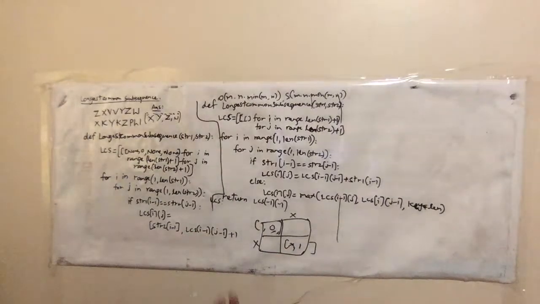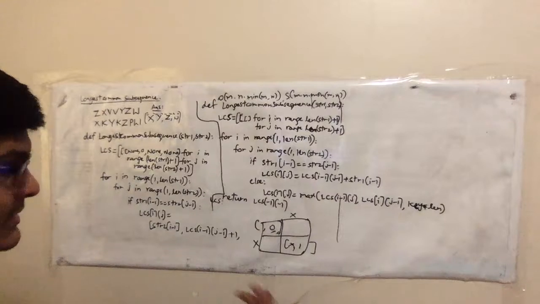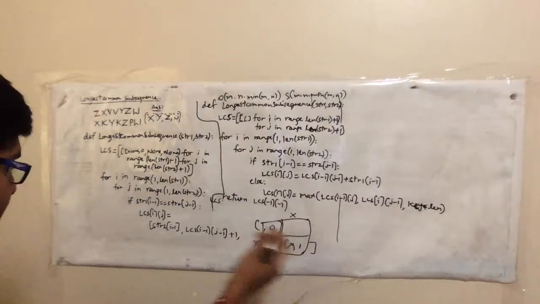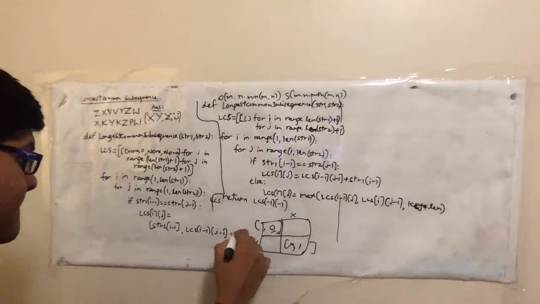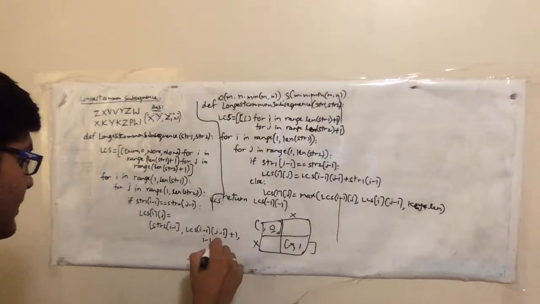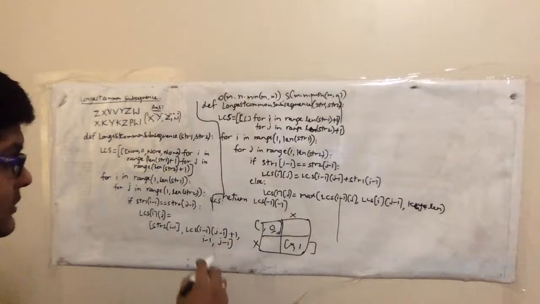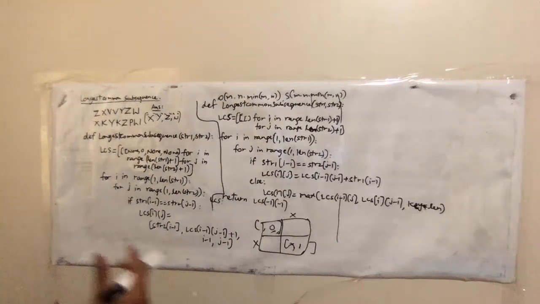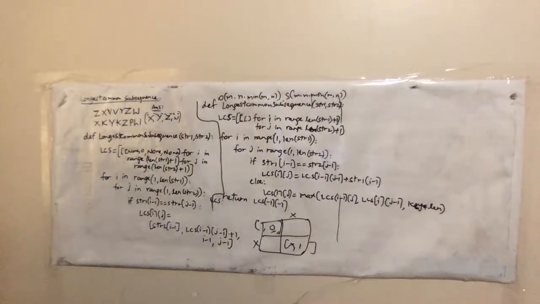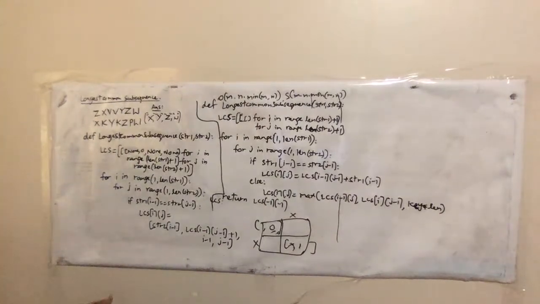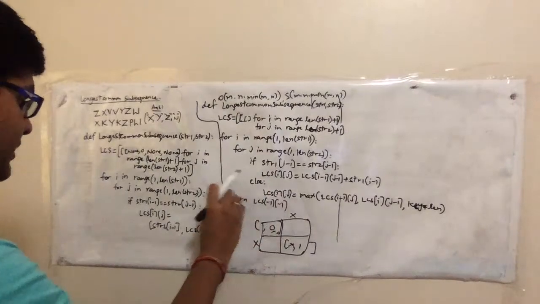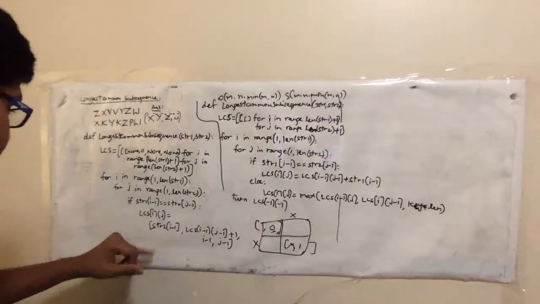So that's what we are doing. And what are the indices? Indices would be I minus 1 j minus 1. So these will be used for building the sequence afterwards. Okay, so this is okay. So I will run this. This is when the characters are equal.